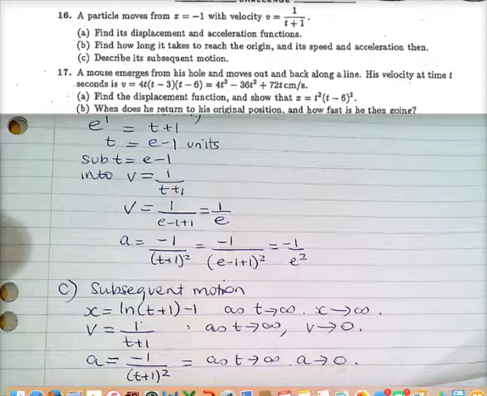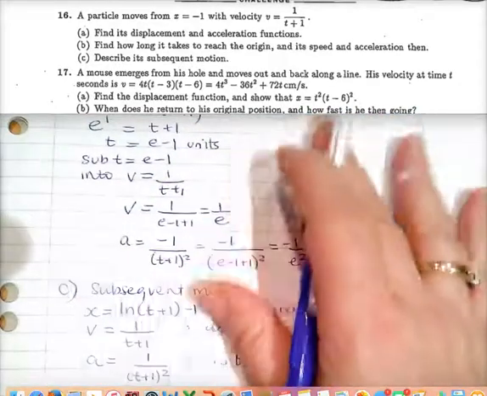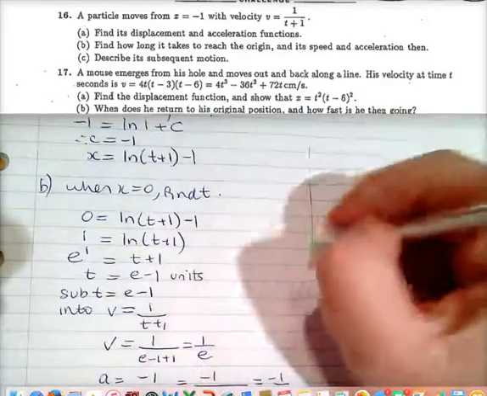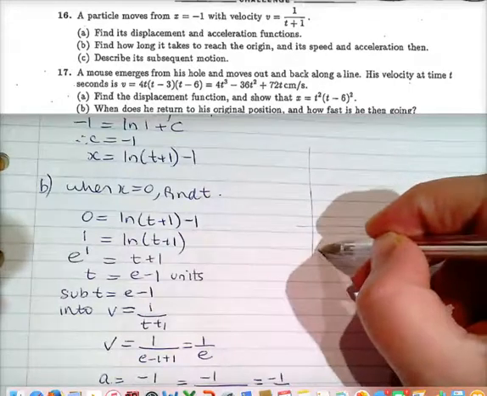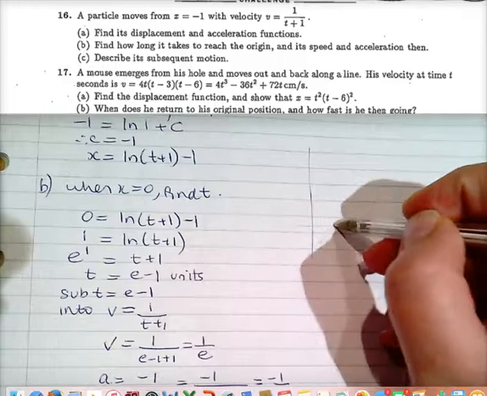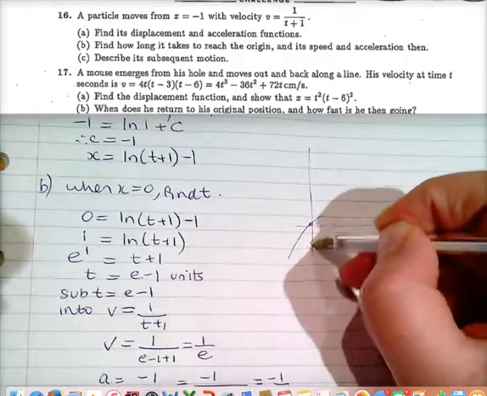The acceleration will never equal 0. And if one were to sketch the function ln(t plus 1) minus 1, the ln curve looks something like this, but we know that ln 1 is 0, so it would look something like this, but then it's shifted down.